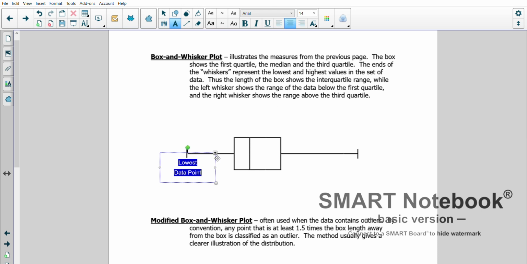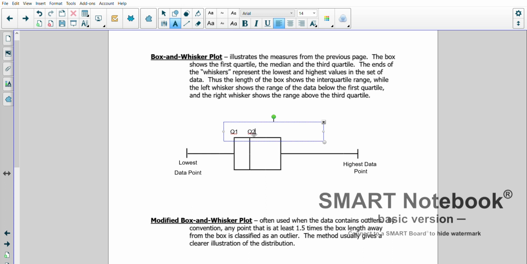This point, the right whisker of the box, is the highest data point. And then we have the box itself. The left side of the box is going to be the first quartile, so wherever that value is goes there.